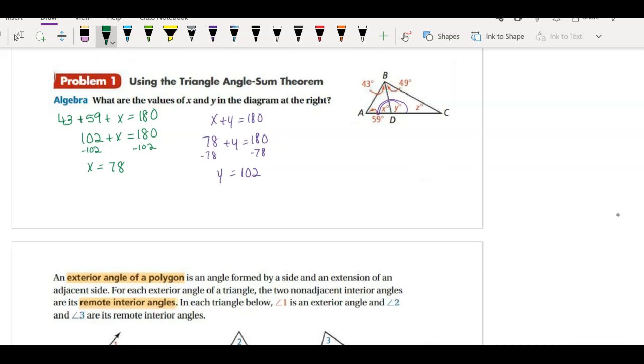So 49 plus 102 plus z equals 180. Combine those together and I get 151 plus z equals 180. Subtract 151 from both sides. So z equals 29. And always put your degree symbol when we're talking about this.